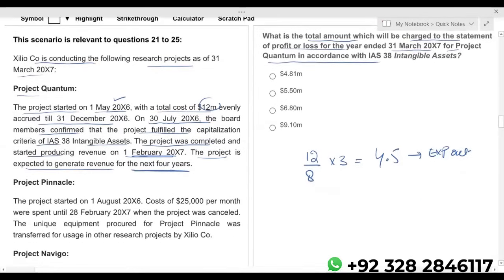Amortization will start from 1st Feb X7 till 31st March, because the project was completed and started producing. So there will be an amortization of 2 months, February and March.